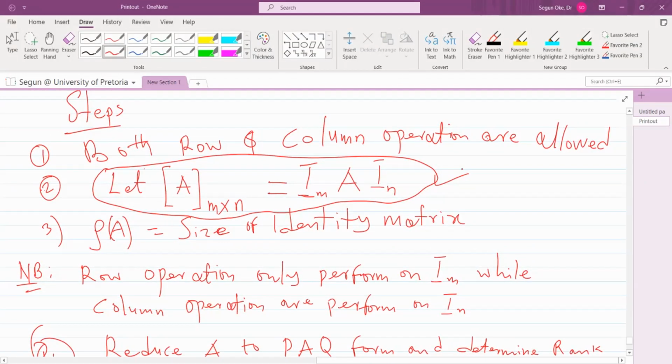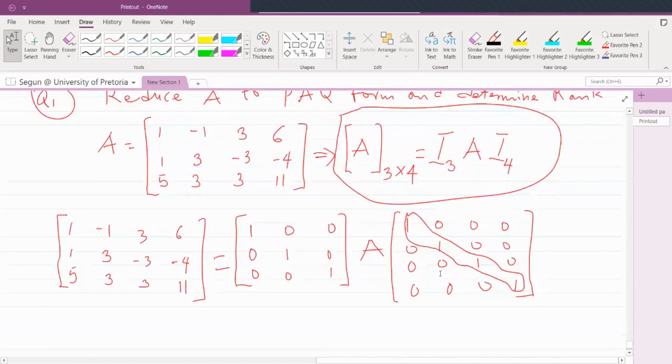Now, you and I know, I've explained that anytime you are performing any operation here, you must do the same thing. Let me just remove this element, so that you will not be confused.